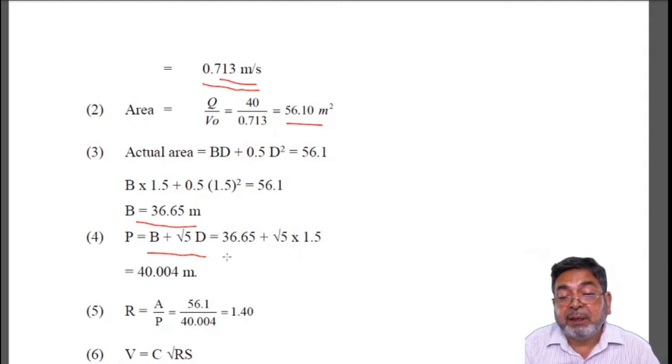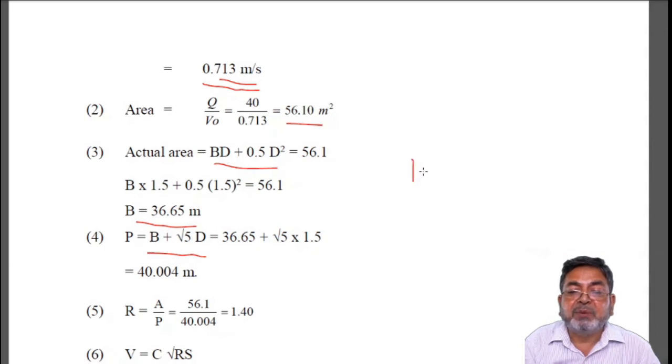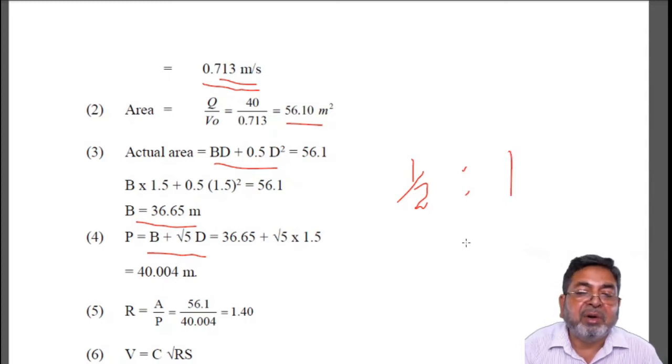But this I tell you, the expression of this area and this wetted perimeter is only for the side slope half is to 1.